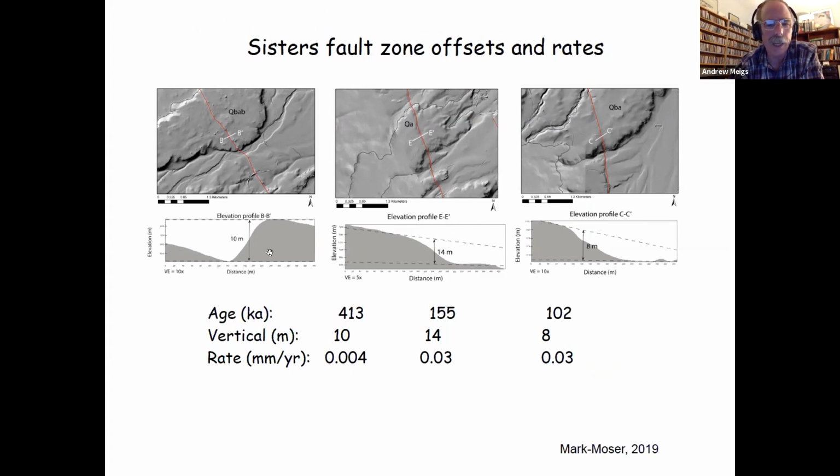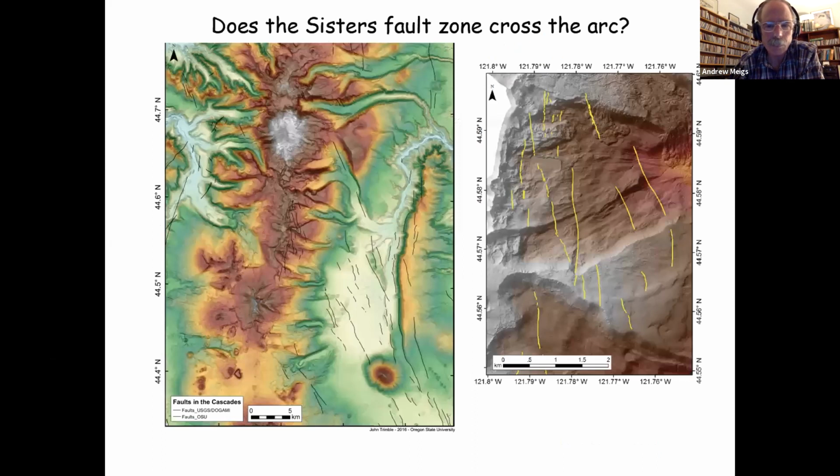And if you look at the magnitude of the vertical displacement as a function of age, these two have comparable amounts of displacement, whereas the 100,000-year-old flow has a relatively smaller amount of displacement. Now, they're not moving very fast, but these data suggest that the Sisters Fault Zone is relatively youthful in comparison to features such as the Green Ridge.